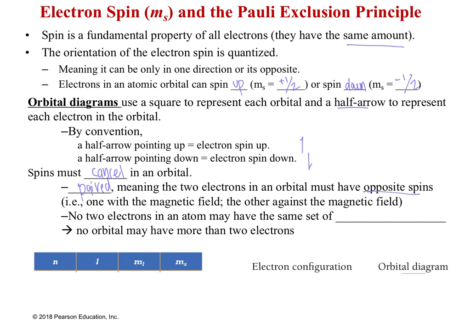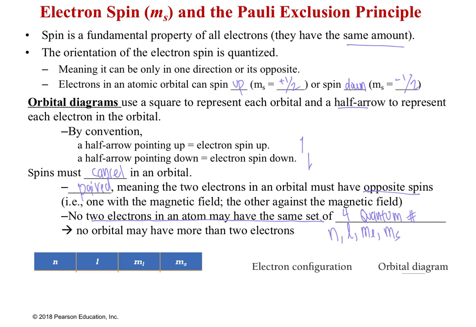The Pauli exclusion principle tells us that no two electrons in an atom can have the same set of four quantum numbers. Every electron must have its own unique set, keeping in mind the set being n, l, m sub L, and m sub s.